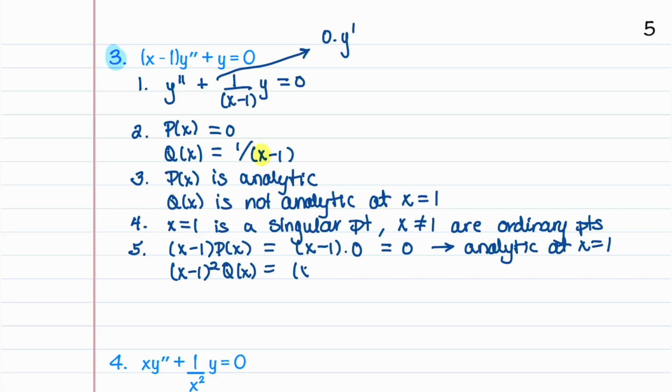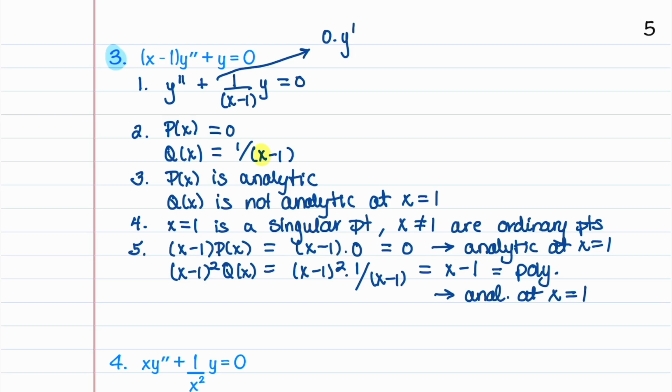This is x minus 1 squared times q of x, which is 1 over x minus 1. So this gives us x minus 1. This is a polynomial. So this function is also analytic at x is equal to 1.